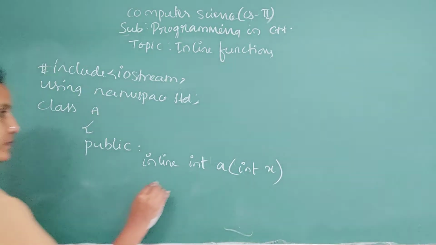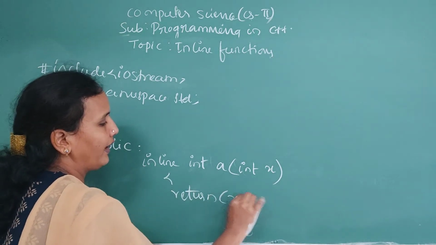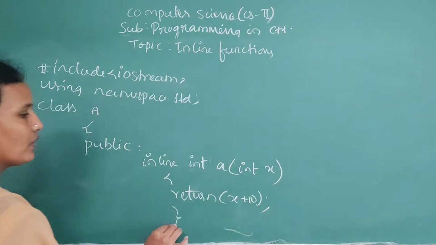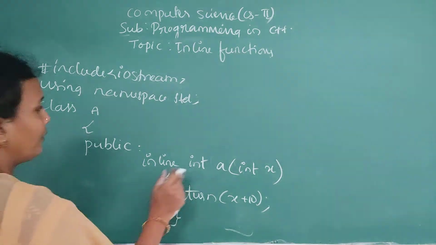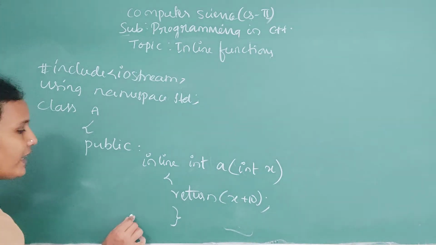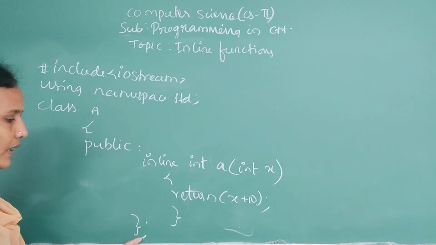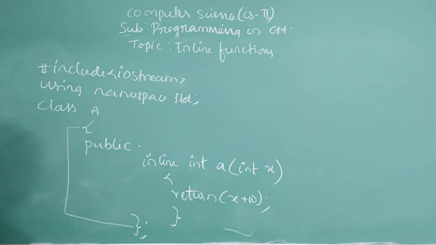Now, return x plus 10. Okay. Now, close this. Now I have given the inline function. According to the syntax, class should end with the closing brace and semicolon. So here the class is starting and here ending the class.